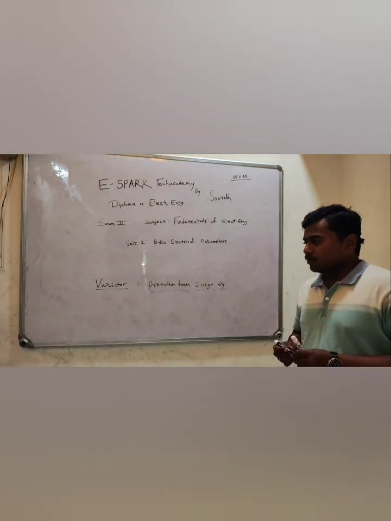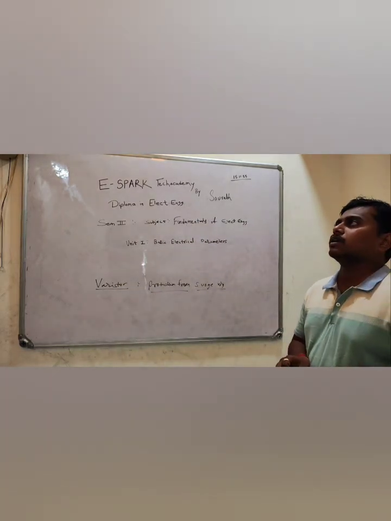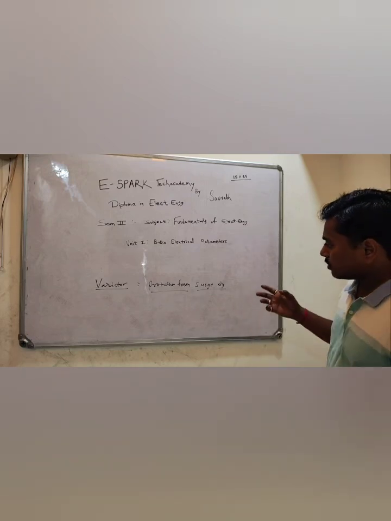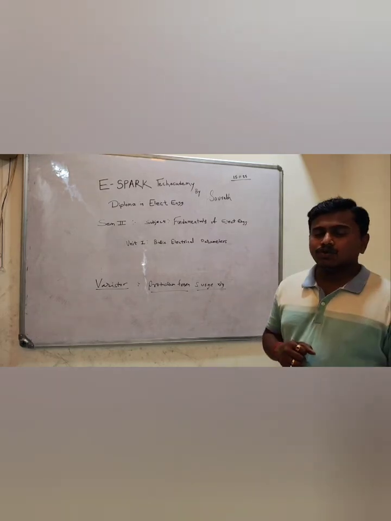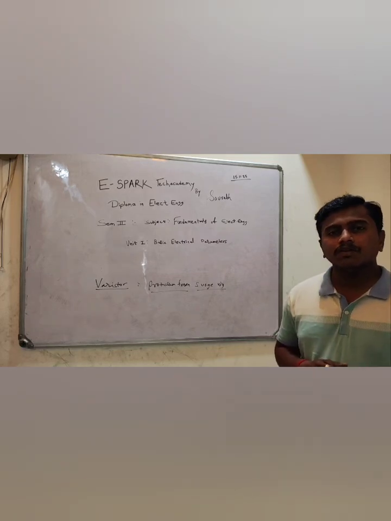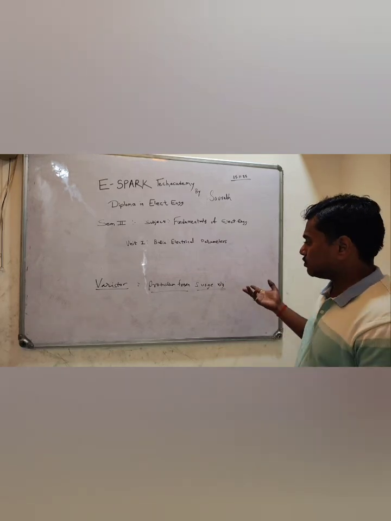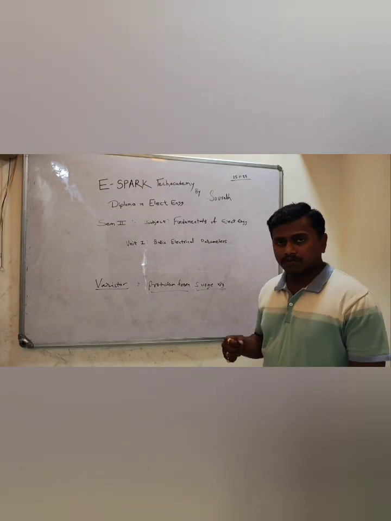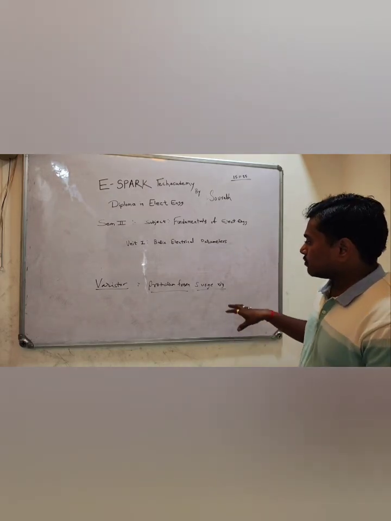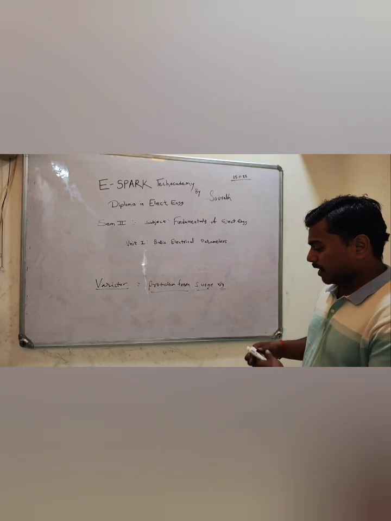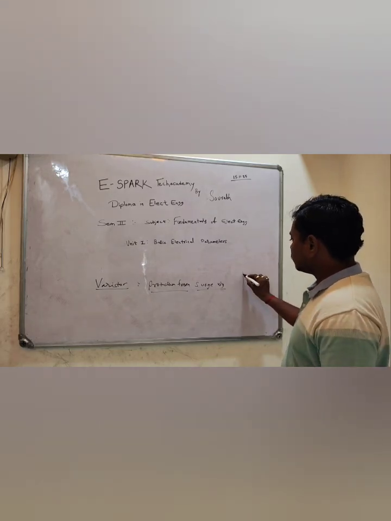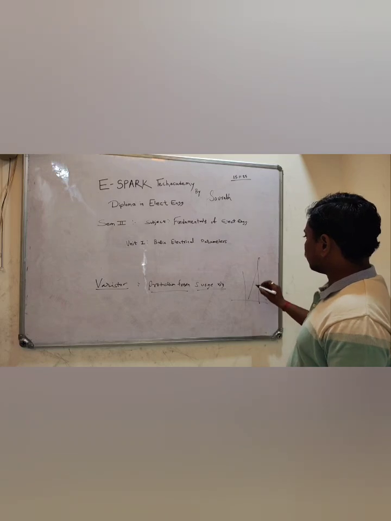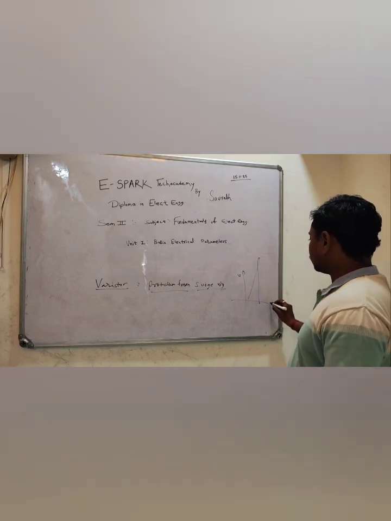As you know, we started our lecture with the voltage source, how the ideal source will be. The voltage source will have zero resistance, something we have already spoken about. In the same way, surge voltage is nothing but a spike of voltage with respect to time.